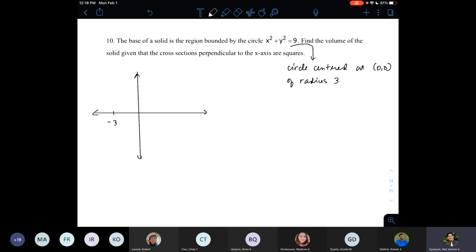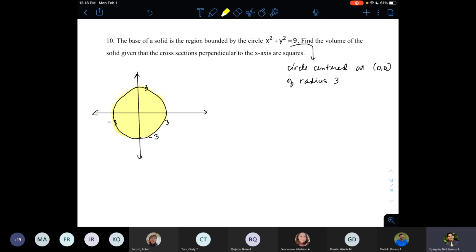So I'll have a negative 3 here, 3 here, negative 3 here, and 3 here. Then I'll have a circle. Imagine that's a perfect circle. And this is the base of our solid.